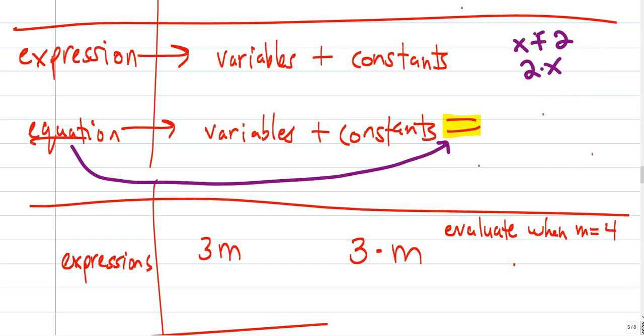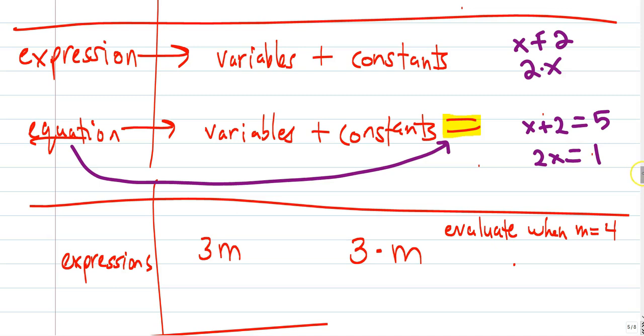When we have an equation, we are equating it. We are making it equal to something. So instead of just x plus 2, it would be like x plus 2 equals something. Instead of just 2x, it would be 2x equals something. So the minute you set that expression equal to something, that becomes an equation.